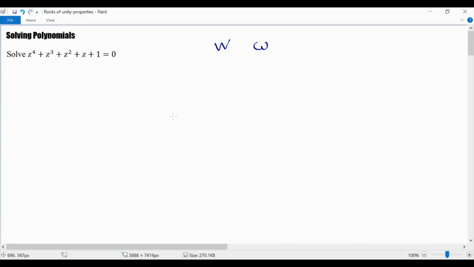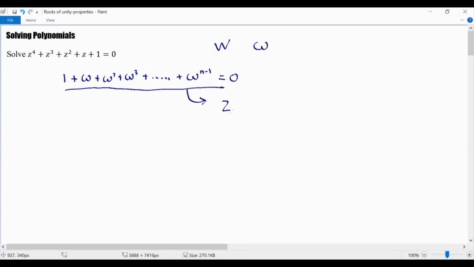Well, the way it's going to be solved is using the roots of unity property that says if we do 1 plus omega squared plus omega cubed, so on and so forth, all the way until you get to the final root of unity for whatever situation it is you're looking at, has got to equal 0. And that is important because if we have this property being true, then it implies that omega to the power of n equals 1.